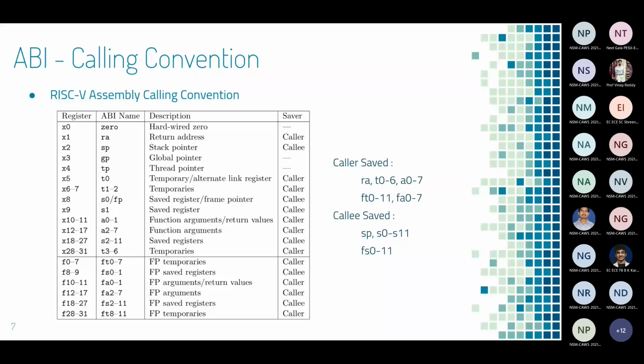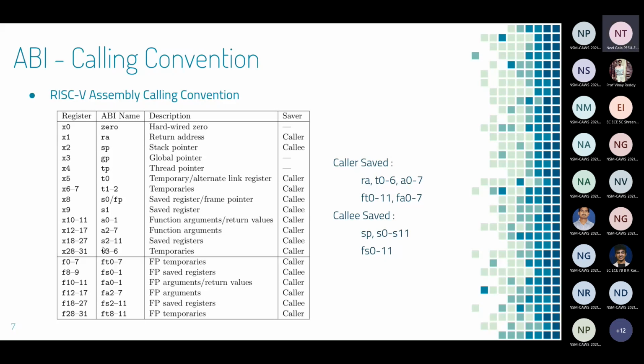So for the 32 registers which we have, these are the ABI names and the description of how they should be used. X1 is your return address, X2 is your stack pointer in general software, then X3 is your global pointer, and so on and so forth. The registers prefixed with S are saved registers, and they have to be callee saved. Registers prefixed with A are the argument registers, for function arguments or return values.